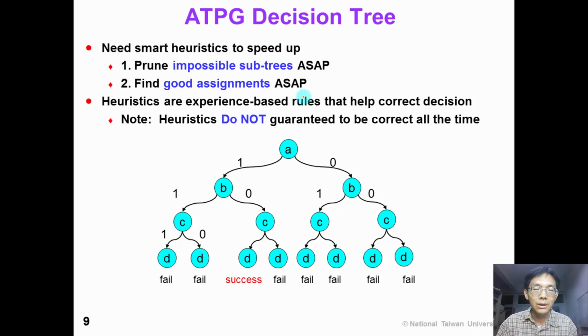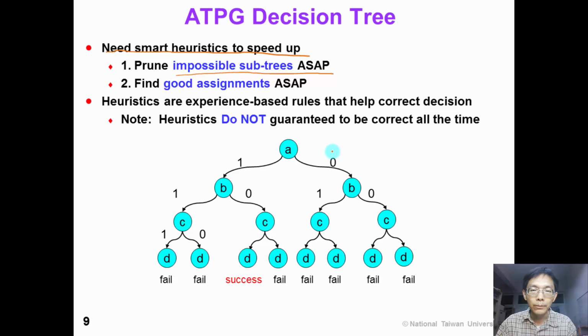We mentioned earlier in this chapter that ATPG searches for a successful pattern in a large decision tree. Because the tree is very large, we need smart heuristics to speed up. There are 2 types of heuristic. The first type of heuristic helps us to prune an impossible subtree as soon as possible.